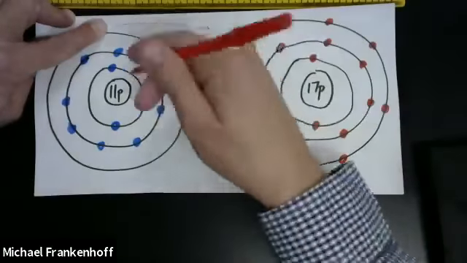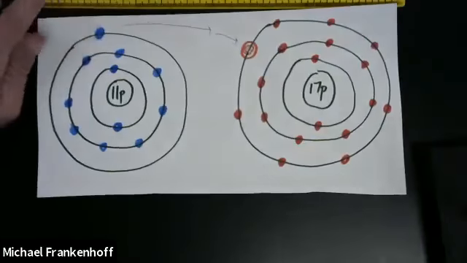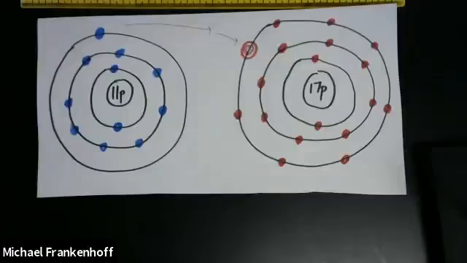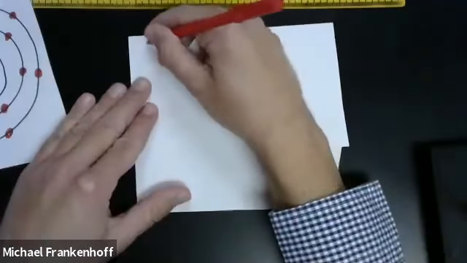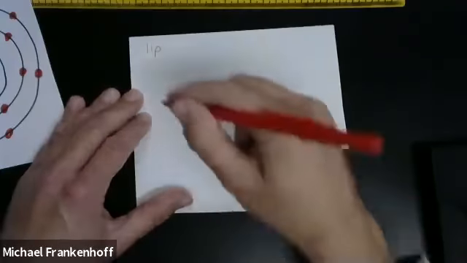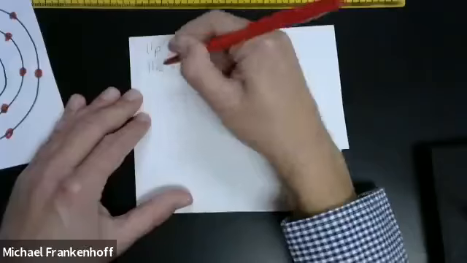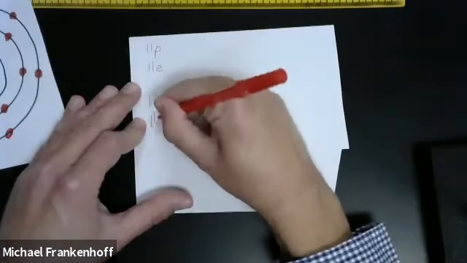But remember, we've switched up how many electrons we had. In the beginning, if I write this down, sodium had 11 protons. Can you see that? And it had 11 electrons. But we lost one of them. We didn't lose a proton, by the way. We lost an electron.